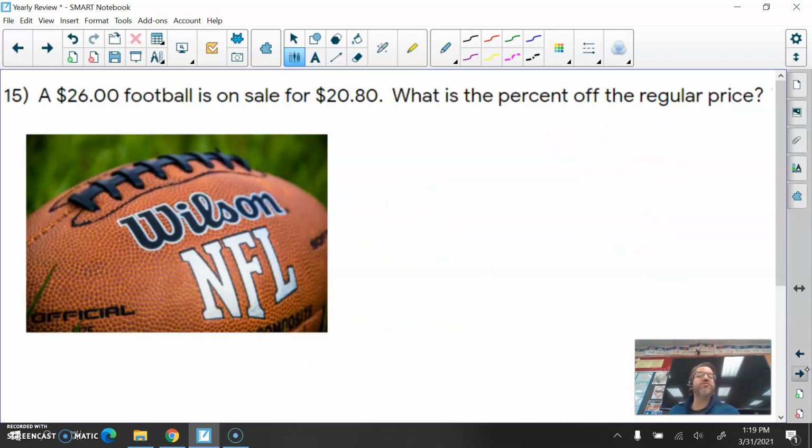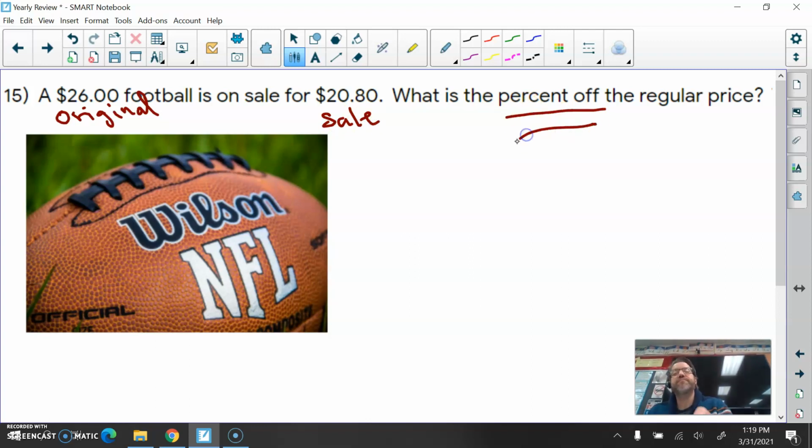Number 15, a $26 football is on sale for $20.80. So this right here is your original price, or you could call it the regular price, right? And this here is your sale price. What is the percent off of the regular price? What we have here is a percent change problem.